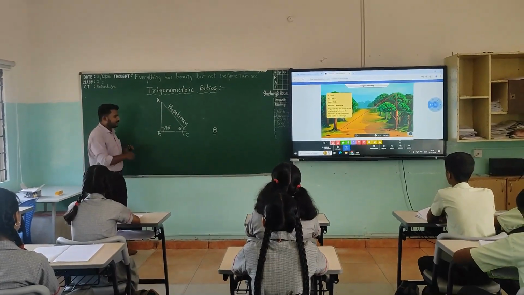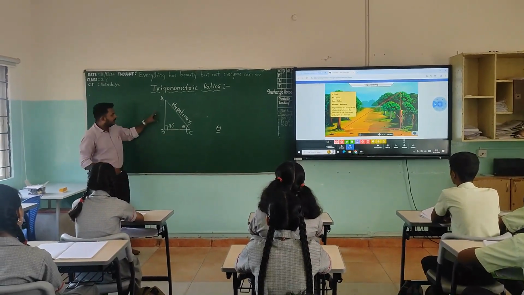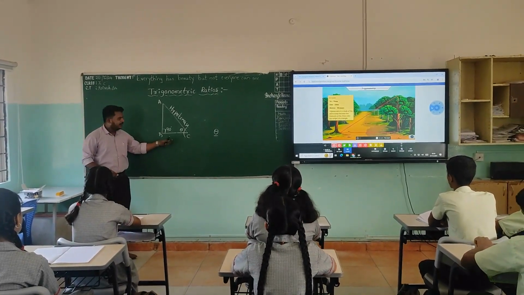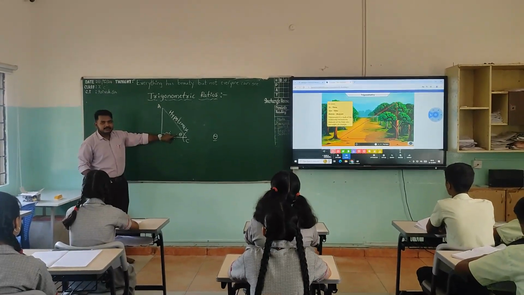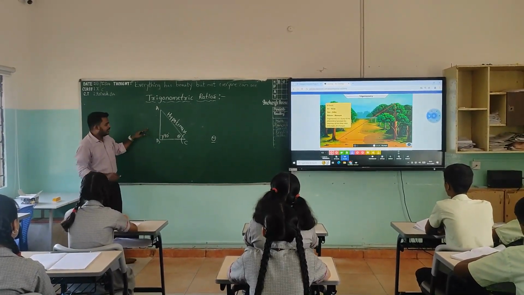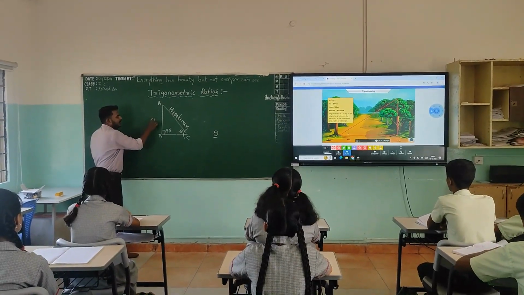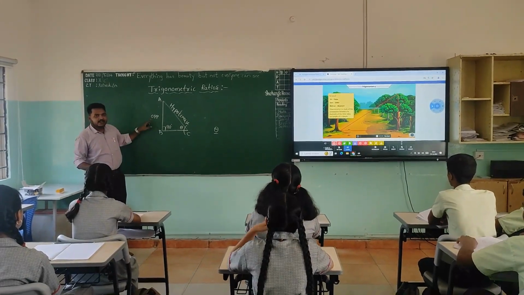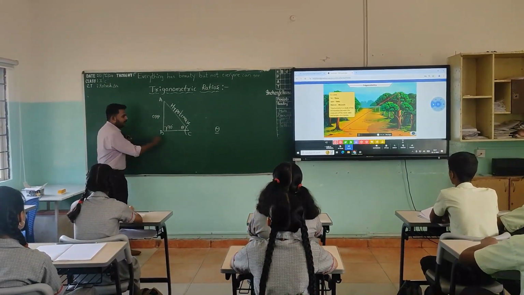Next, with respect to theta, we have one more side AB and one more side BC. The side opposite to theta is called the opposite side. So here AB is the opposite side. Next we have the BC side.